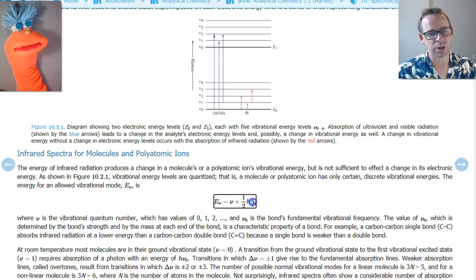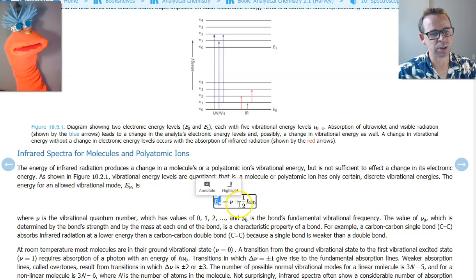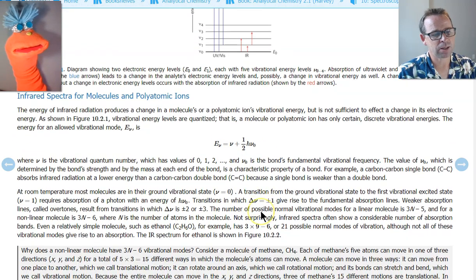So here's our fundamental vibrational frequency, and the energy to transition between this frequency and the vibrational quantum number that you want to transition to can be calculated this way, right?